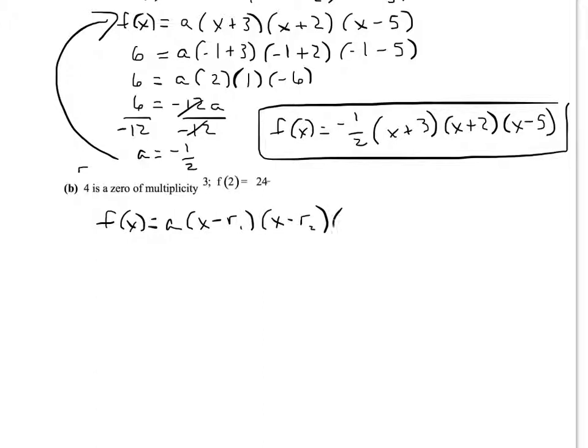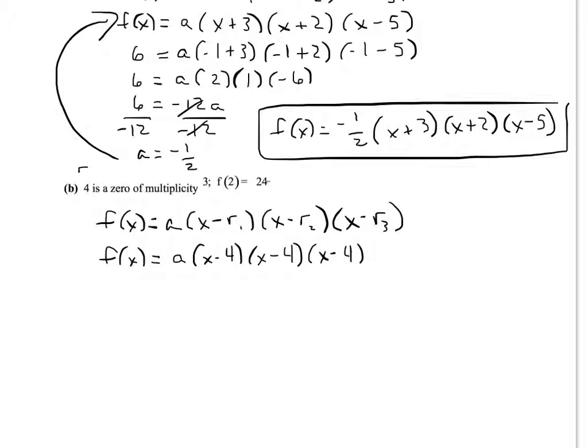So what I know is that the r value, each of these roots, since it has multiplicity of 3, the root is 4. That means I have x minus 4 times x minus 4 times x minus 4. I have that in parentheses 3 times.